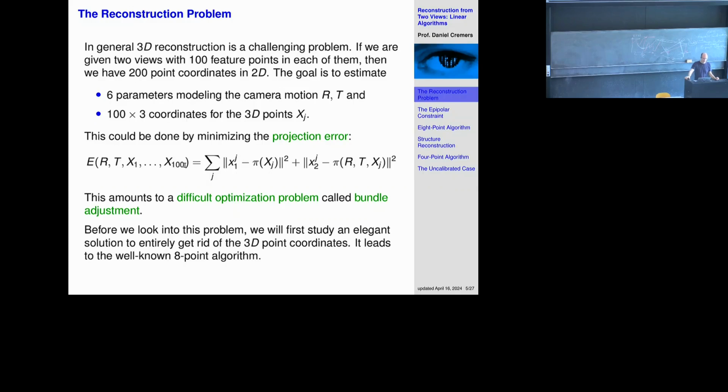It depends on the loss function, there's a lot of math, and we'll talk a little bit about solvers for bundle adjustment at a later stage. What we'll do now is rephrase the reconstruction problem in a way that allows an analytical closed form solution.